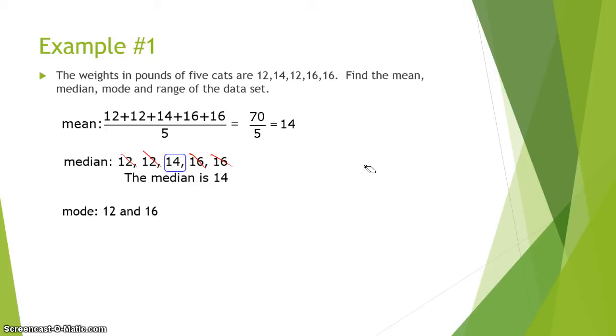The mode are the most occurring numbers. So notice your most occurring numbers are 12 and 16. They both occur twice. So you have 2 modes, which are 12 and 16. Your range will subtract. 16 minus 12 is going to give you 4. So those are your answers for that example there.